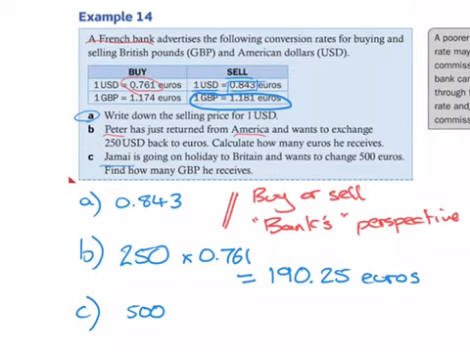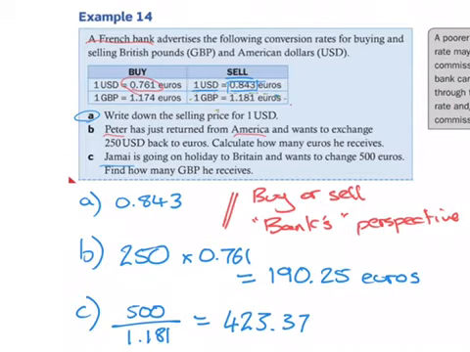It's no longer going to be a multiplier, now we're going to have to divide in order for the value to get smaller. So it's going to be 500 divided by that exchange rate that we just highlighted, 1.181, and that comes out as 423.37 Great British pounds.